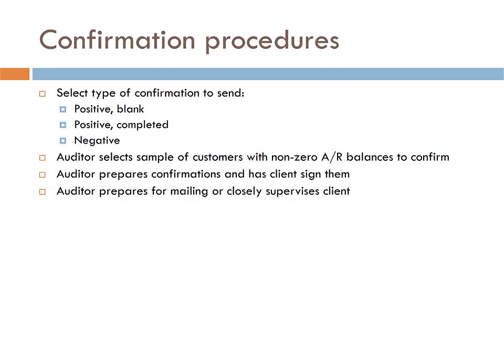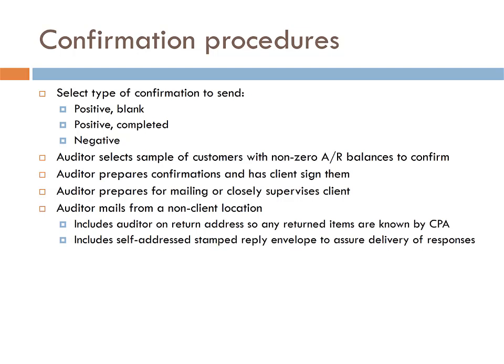And then the auditor will prepare them for mailing, supervise the client actually mailing them out. And then if they're positive confirmations, we want them to come back to us. We don't want them to come back directly to the client. Again, these are external documents. They go out of our client's organization. We have information that is confirmed or disconfirmed by an outside party, and then we want them to come back to us as the auditor.